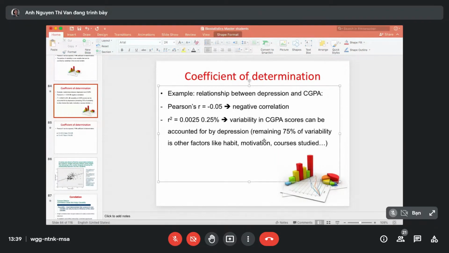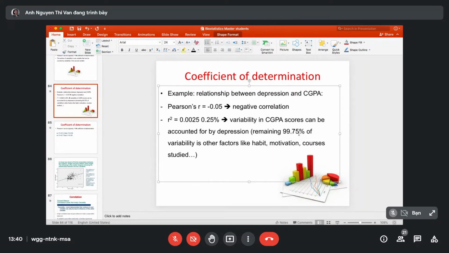Not zero. It's 99.75. Yes, 99.75. So it means other factors more important than depression can explain the CGPA score. They account for 99.75% of the variability of CGPA.